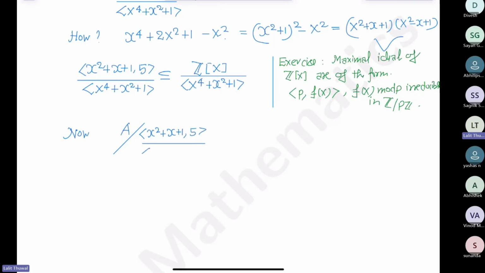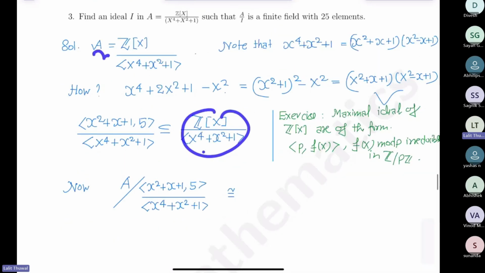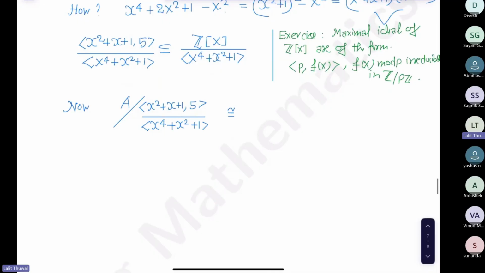Okay, so this is isomorphic to... I have to write it often, so it is already denoted by A. By the third theorem of isomorphism, this is isomorphic to Z[x] modulo... Right, the third theorem of isomorphism.